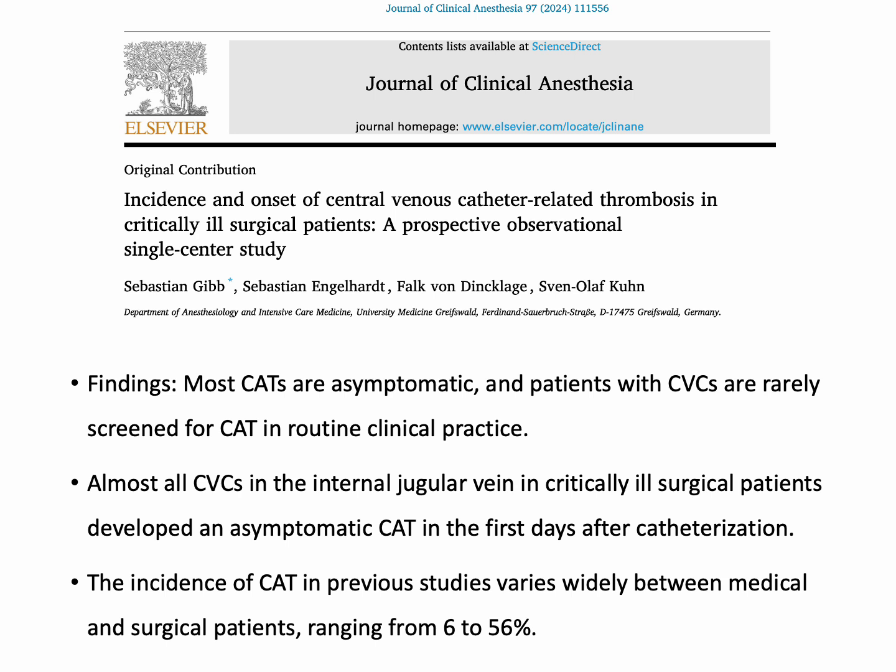The incidence reported between medical and surgical patients ranged from 6 to 56%, and that's a significant increase. While largely their commentary was about the fact that patients were rarely screened for clinical thrombosis, a number of recent publications have focused specifically on the use of ultrasound in the pre-insertion phase, the intra-insertion phase, and the post-insertional phase to monitor for the development and also resolution of any thrombosis.